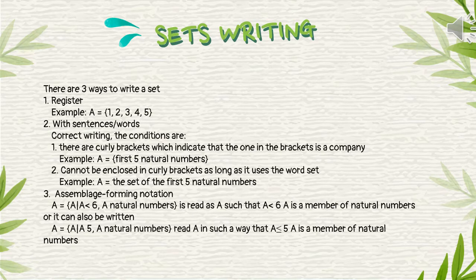Example, A is curly bracket first 5 natural numbers curly bracket. 2. It cannot be enclosed in curly brackets if it uses the word set. Example, A is the set of the first 5 natural numbers.